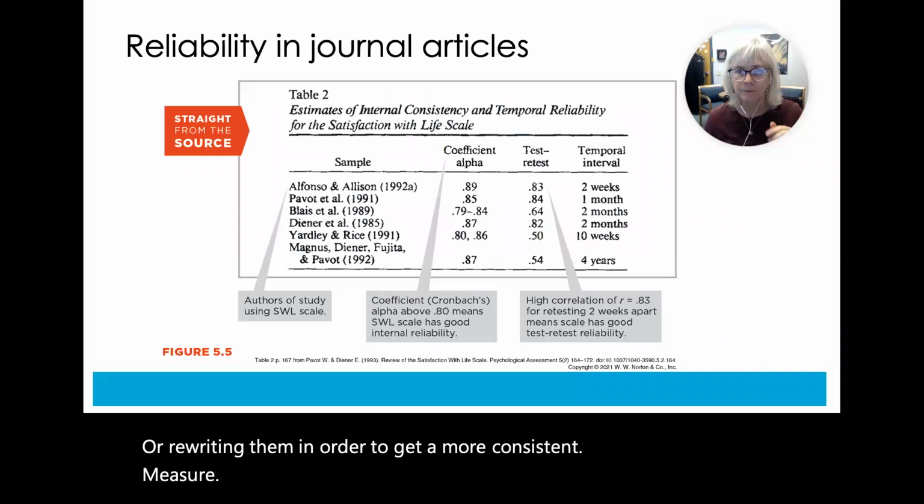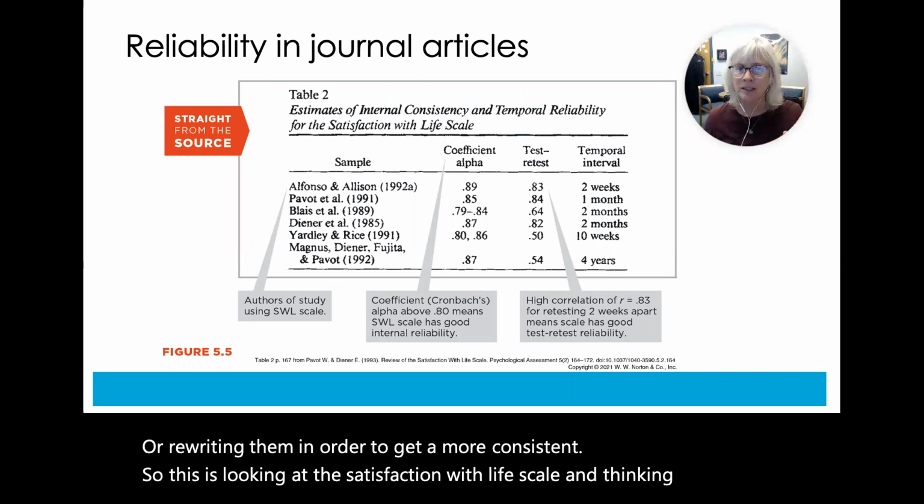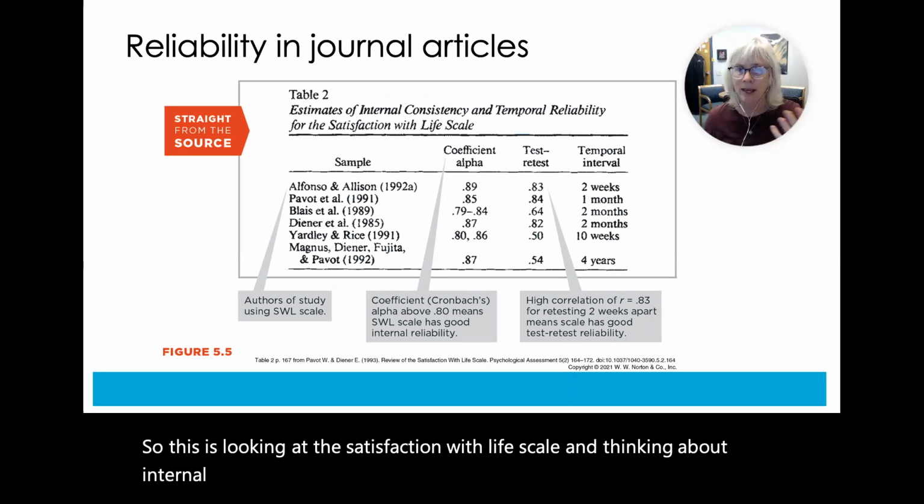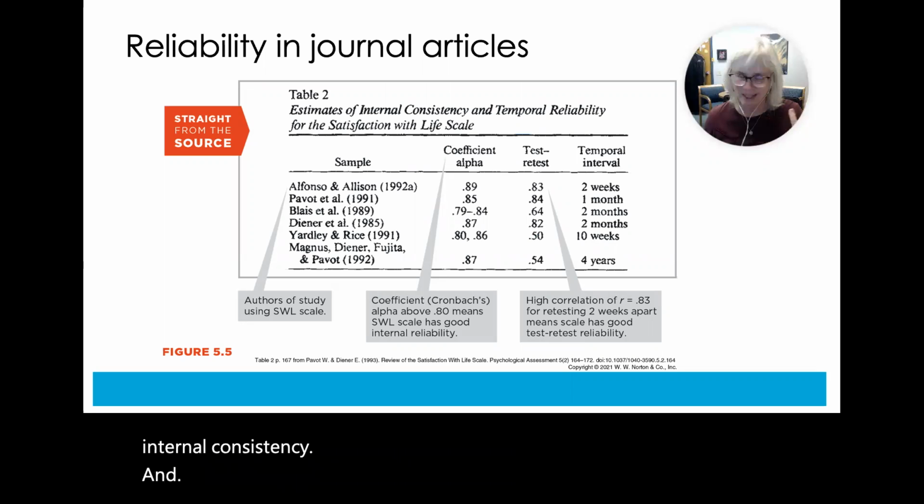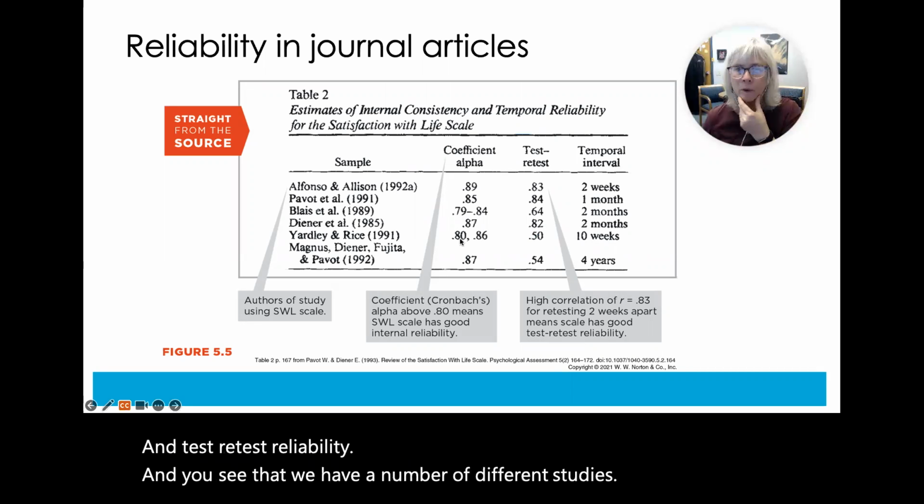So this is looking at the satisfaction with life scale and thinking about internal consistency, like AIC, and test-retest reliability. And you see that we have a number of different studies that all reported on this.